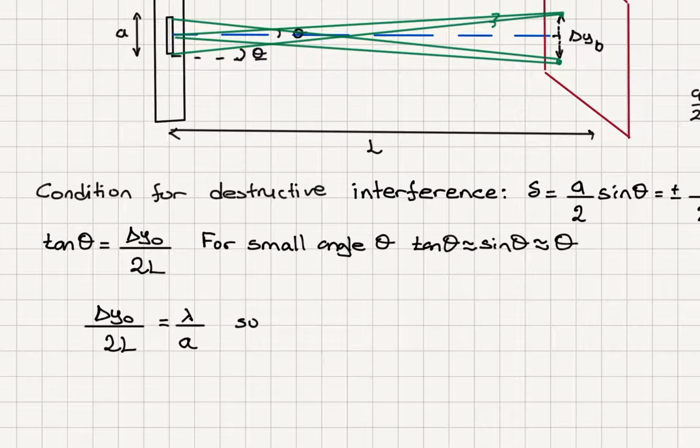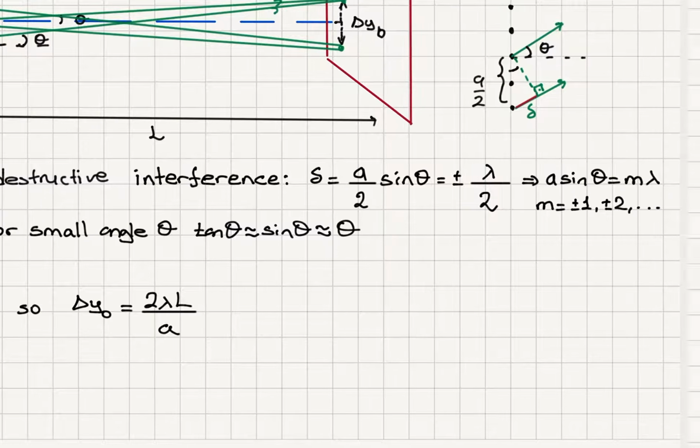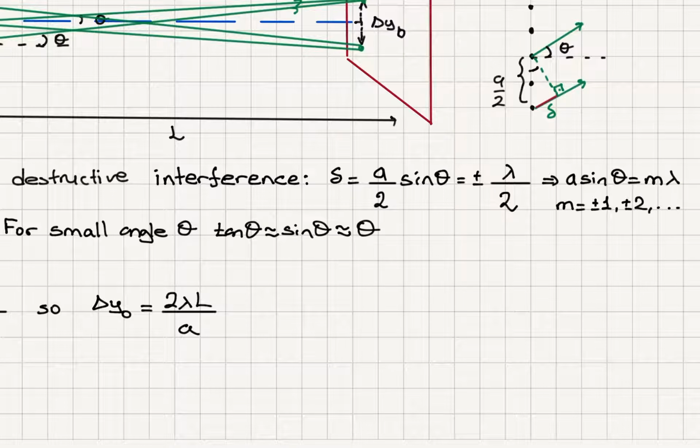So I obtain the width of the central maximum, delta y0, to be 2 lambda L divided by a. Now what happens to this as the temperature increases?